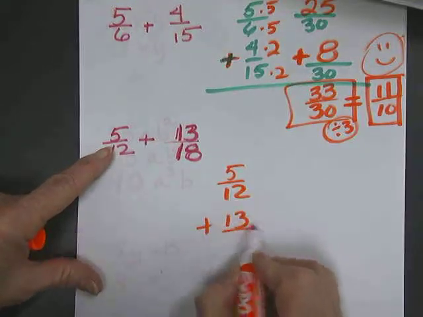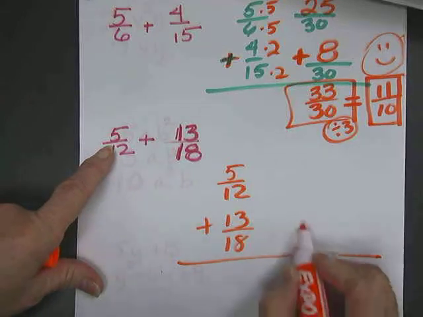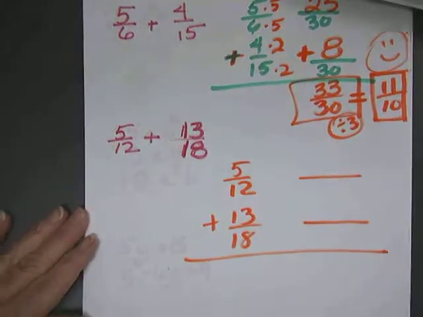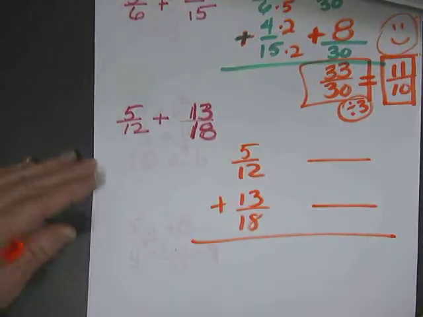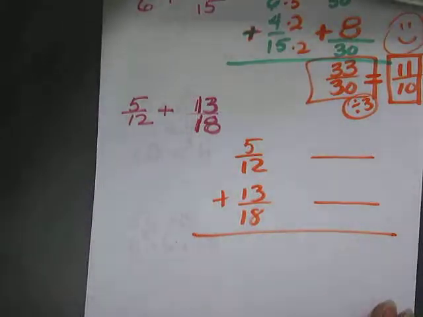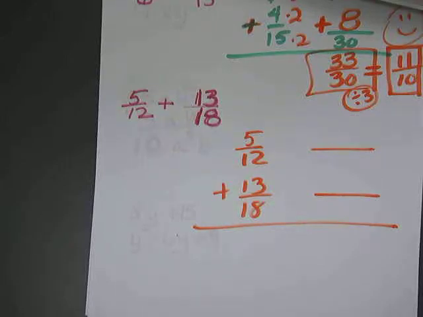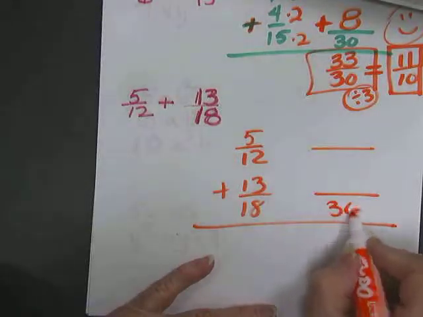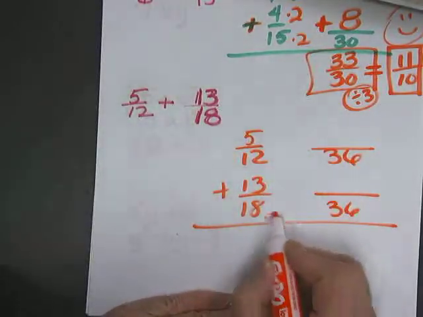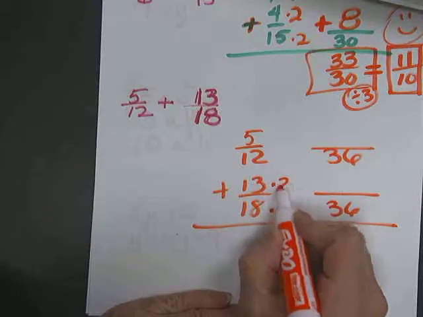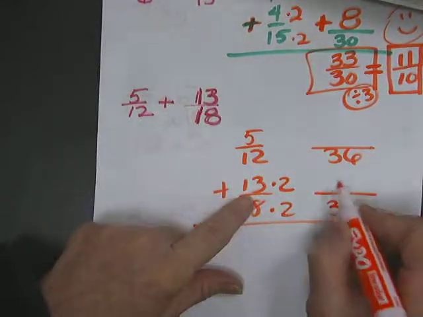Okay. This one, write them vertical. 5/12 plus 13 over 18. 18 and 12, if you don't know off the top of your head, what's 18 times 2? 36. They'll both go into 36, right? So it must be 36.